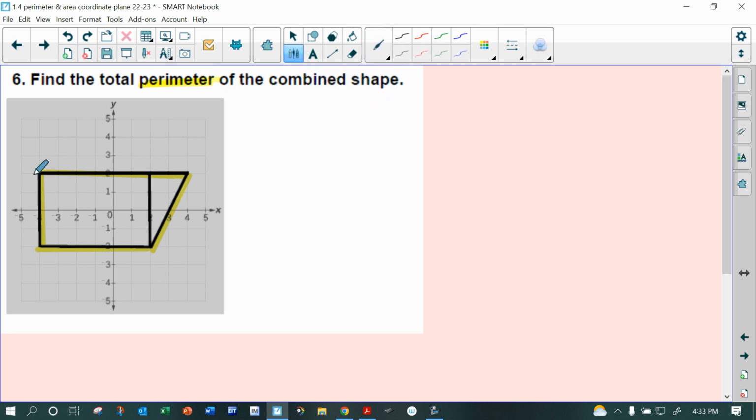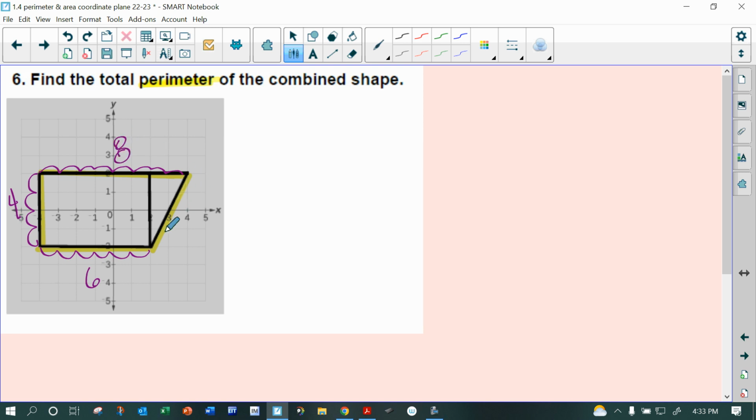So I'm going to go 1, 2, 3, 4. 1, 2, 3, 4, 5, 6. That one's slanted, so I can't count it. 1, 2, 3, 4, 5, 6, 7, 8. So from 4 to 4 is 8.